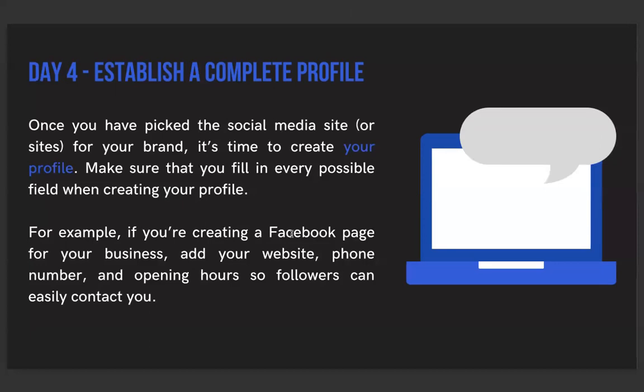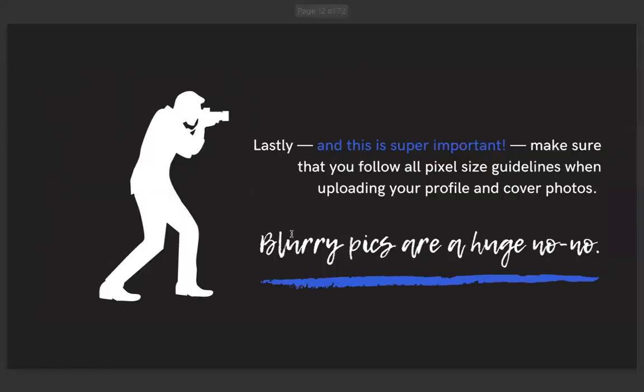That means that if you're creating a Facebook page for your business, add your website, add your email, phone number, and opening hours, so followers can easily contact you. After that, make sure that you follow all pixel size guidelines when uploading your profile and cover photos.